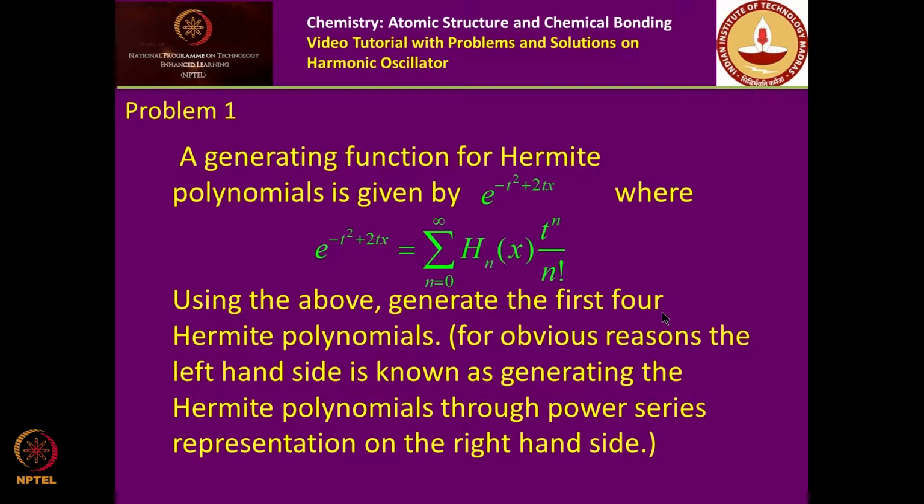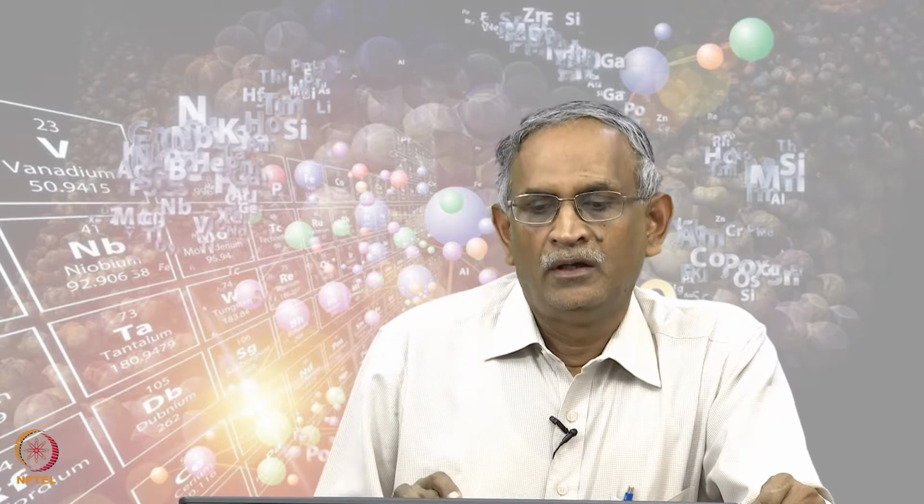The very first problem is on Hermite polynomial. Now, these are all mathematical tools and I am hoping that some of you will actually do this mathematics fairly on your own and be able to derive simple expressions and become more comfortable with the technique.